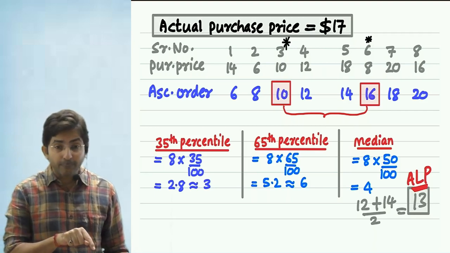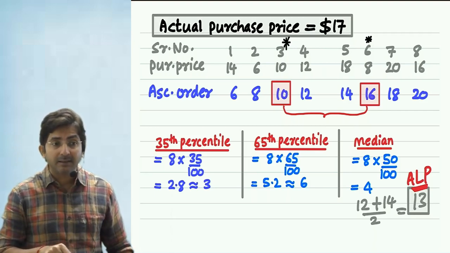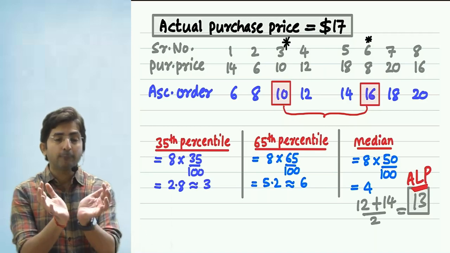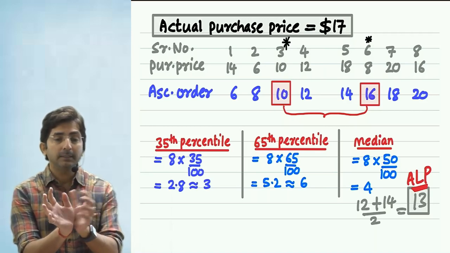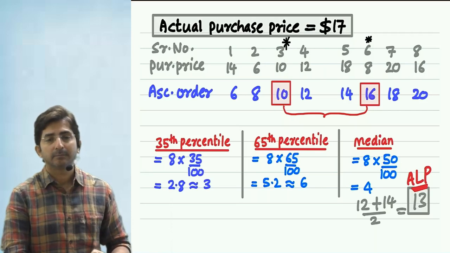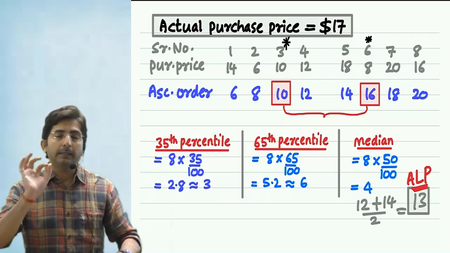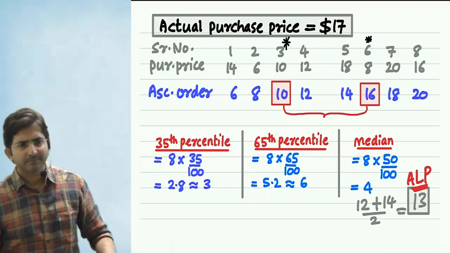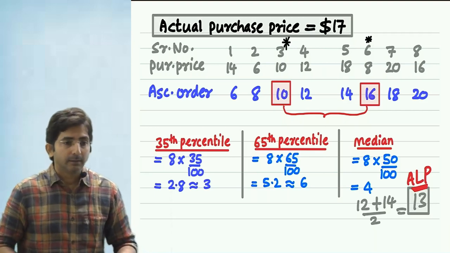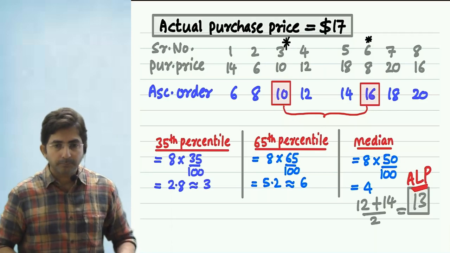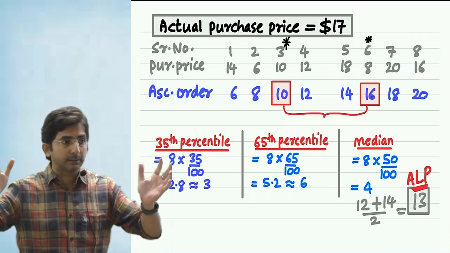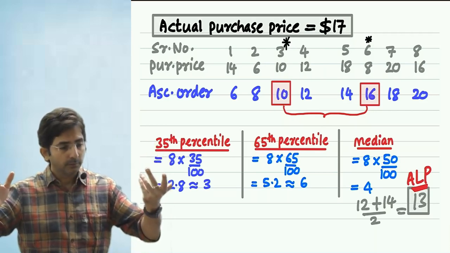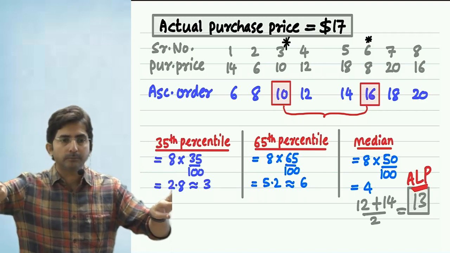But with the 35th and 65th percentile, we are left with only 30 prices. Means the range will change. So tell me, if there is an amendment to the 10th percentile, what happens? The 10th percentile means out of 100 prices, the lowest 10 you remove and the highest 10 you remove.